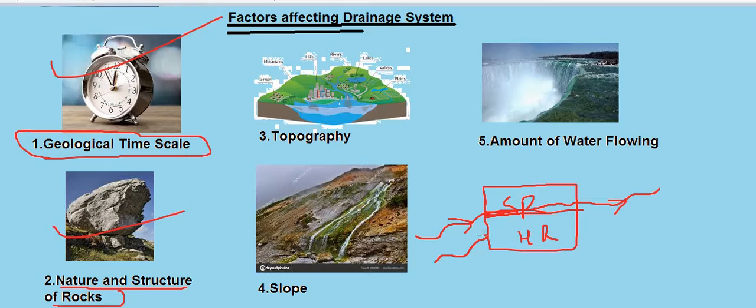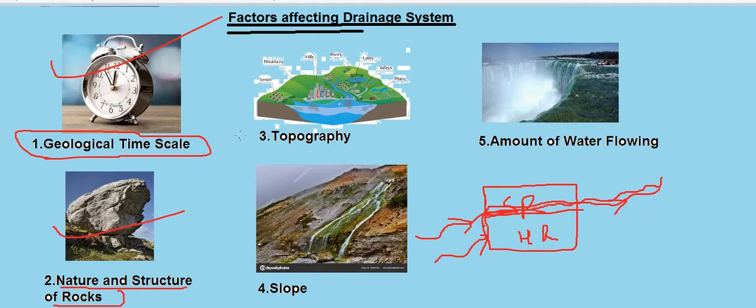Hard rocks are not dissolved by this pressure and the river has to change its path. So if soft rock is there, the river can move easily through it, but if there is hard rock in the land on which the river is moving, then the river has to change its path, and one of the reasons is the rocks.